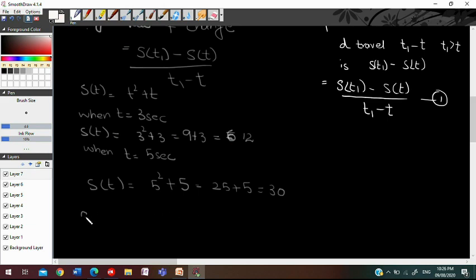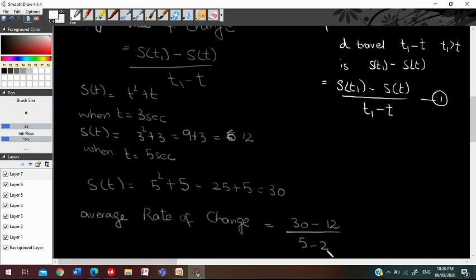And when you find the average rate of change, it is equal to s of t1, this 30, minus 12, divided by 5 minus 3. t1 is this 5 seconds and t is your 3 seconds.